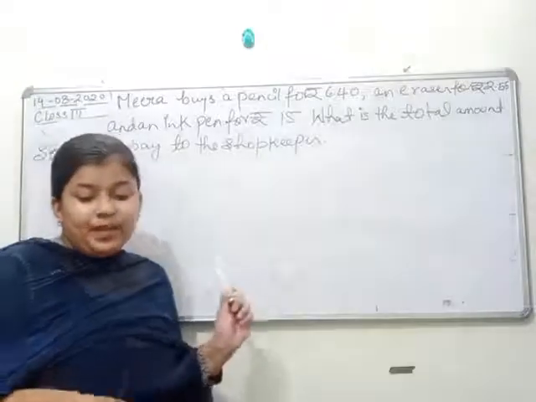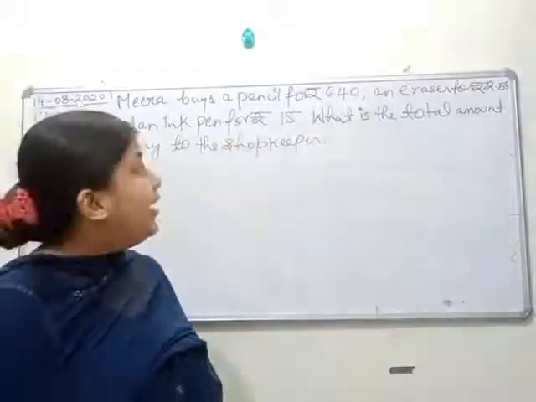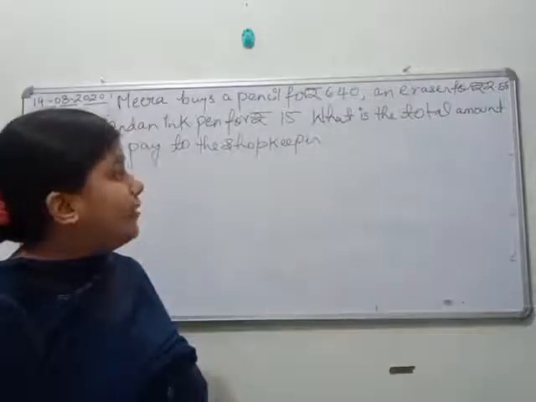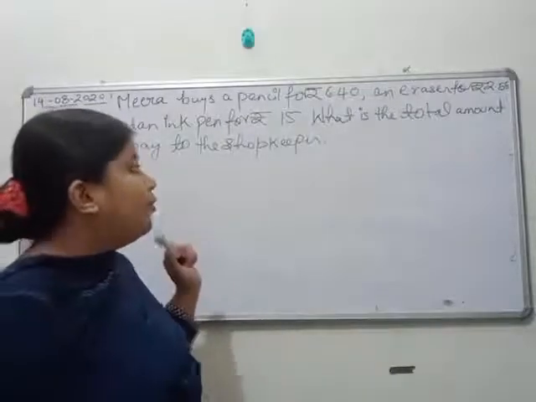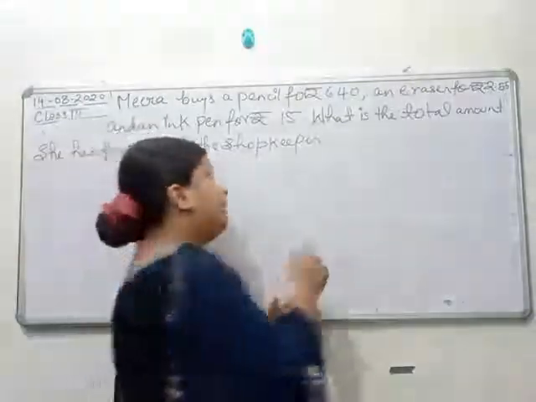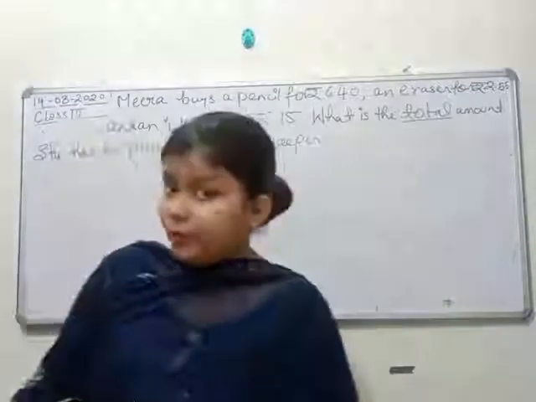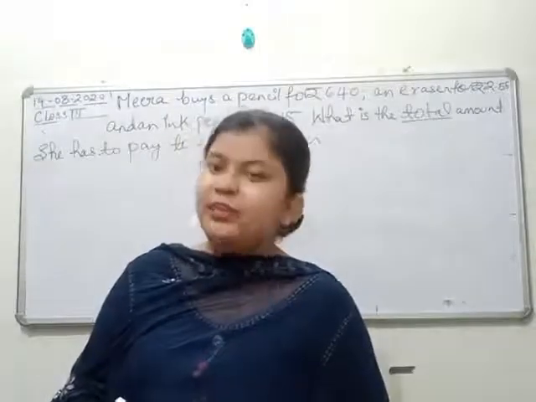Now, Meera buys a pencil for rupees 6.40, an eraser for rupees 2.55, and an ink pen for 15 rupees. What is the total amount? See, in this question, total is given. So if total is given in the question, that means we will add.